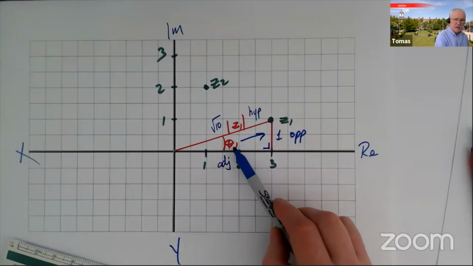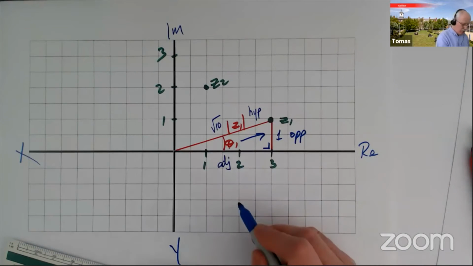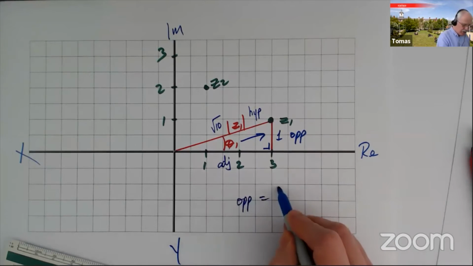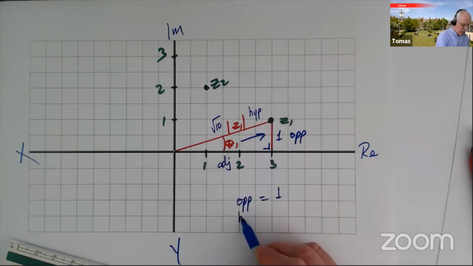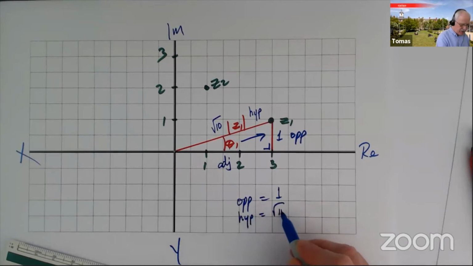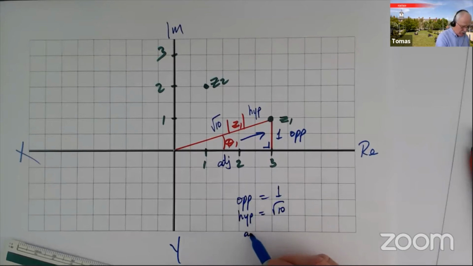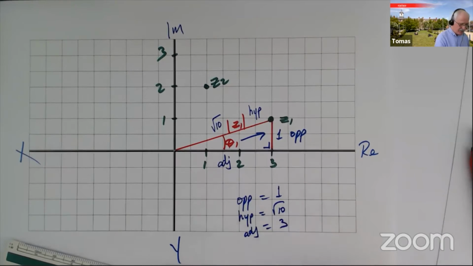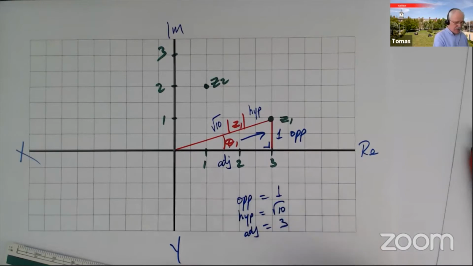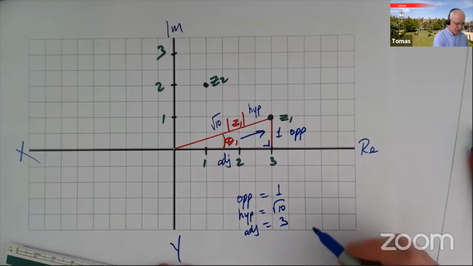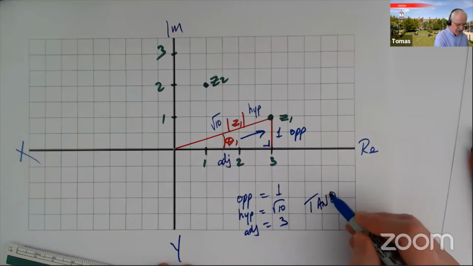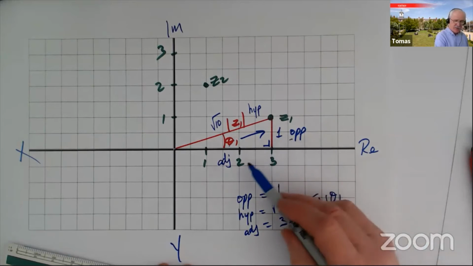How can we find out that angle? Well, we know that the opposite is 1 unit of length, and we know that the hypotenuse is the square root of 10, and we also know that the adjacent is 3. We can pick any one of those to solve it. So for example, let's take tan of theta 1 is opposite over adjacent.